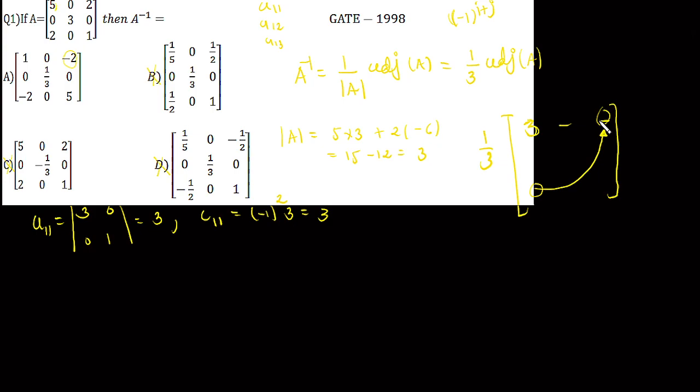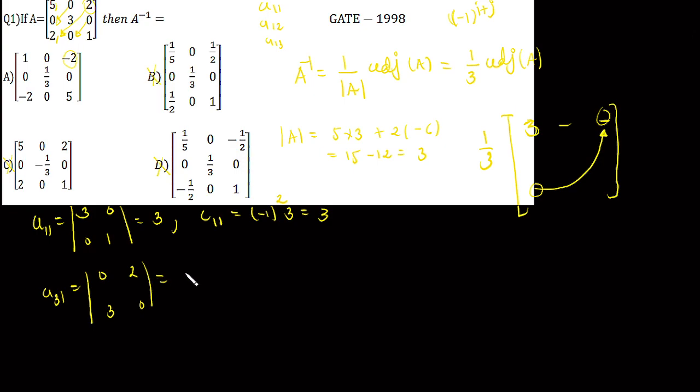To find this element in the inverse matrix, we have to find the minor of the number exactly opposite in this diagonal place, and in the same way this one and this one. We are interested in this value in the inverse, so I have to find the cofactor of this one, which has the address A31 because it is present in the third row and first column. Again, let's form the minor of this element. I can form the 2 cross 2 matrix like this.